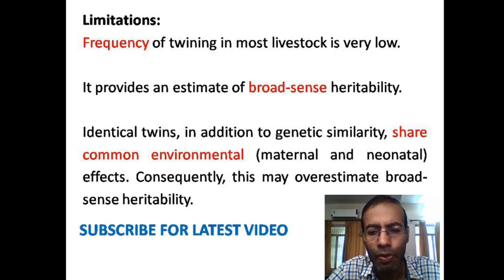In the case of cattle, buffalo, very hardly will you find a twinning case. We will get twins in sheep, in case of goat, but in case of large animals like cattle and buffalo, rarely do we get twin records.